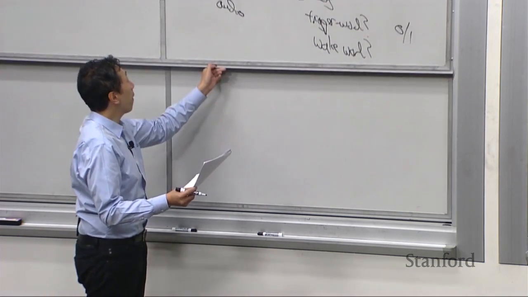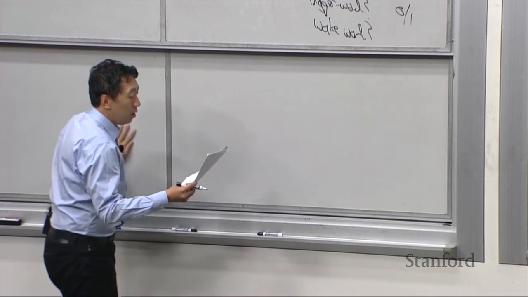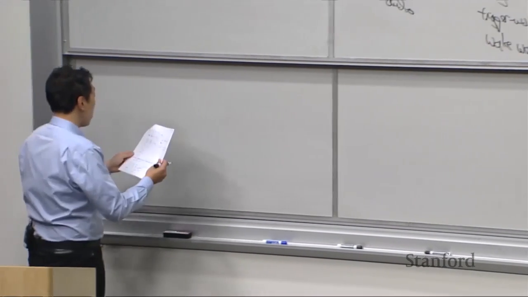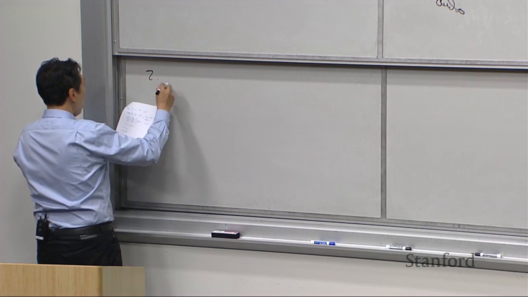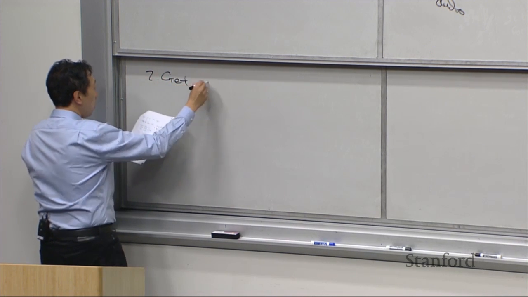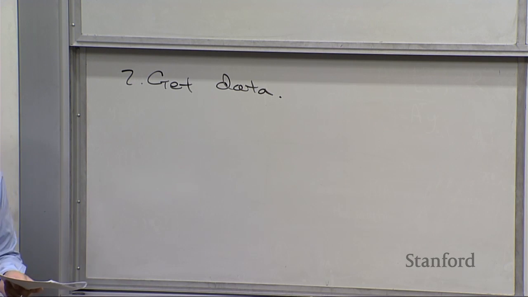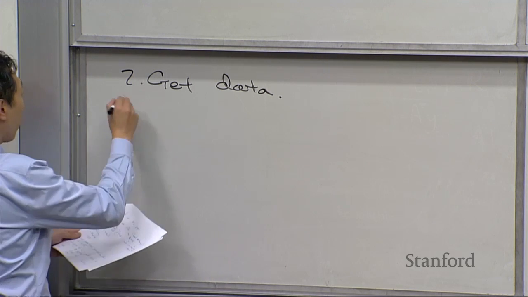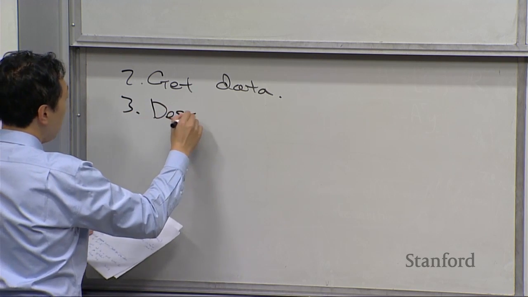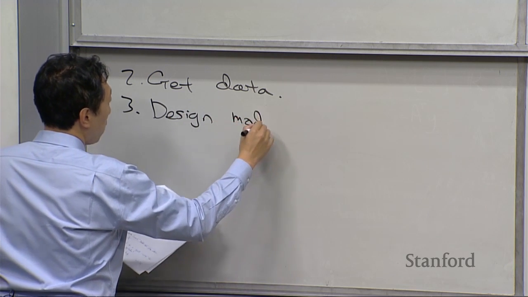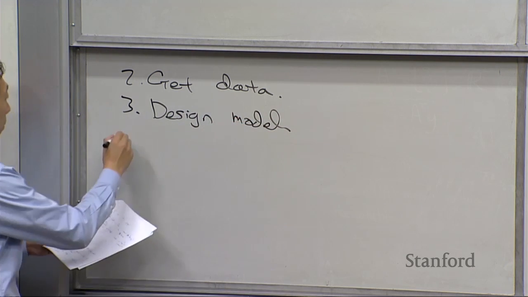Step 1 is select a problem, and then in order to train a learning algorithm, you need to get labeled data if you're applying supervised learning. And then you design a model.